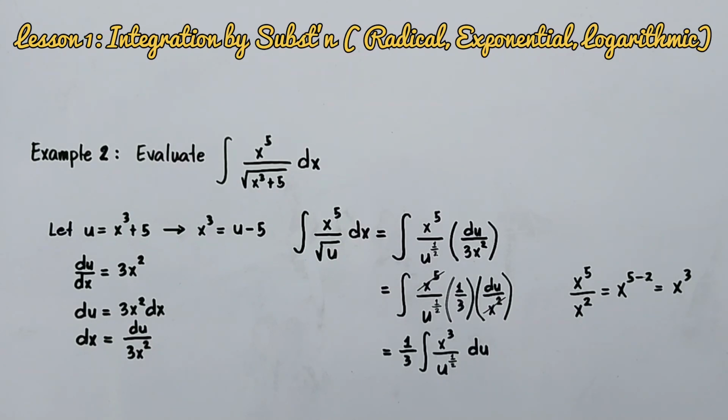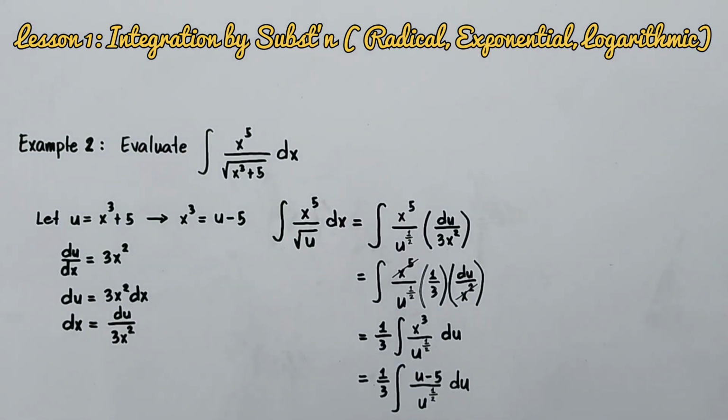The expression now becomes 1/3 times the integral of x cubed over u power 1/2 du. Take note that we let x cubed equal u minus 5. Therefore, we will substitute x cubed in the numerator by u minus 5. The integrand now becomes u minus 5 over u power 1/2 du.